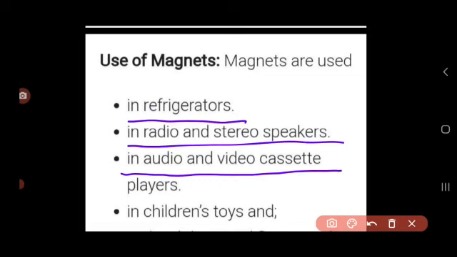Apart from this, magnet is used on hard disks and floppies of computers also.